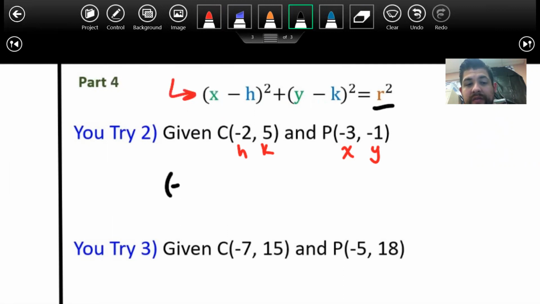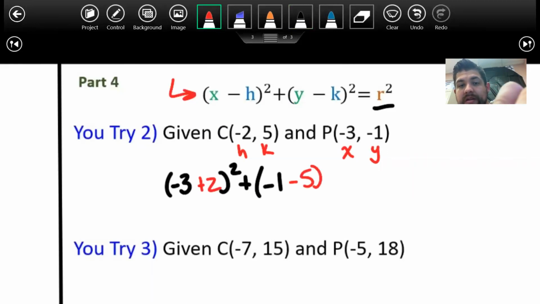This will be -3 for my X, plus 2, because we're doing the opposite value and plugging in for the center, plus -1, -1 minus 5 squared is equal to R squared.